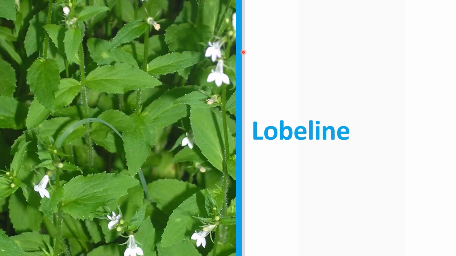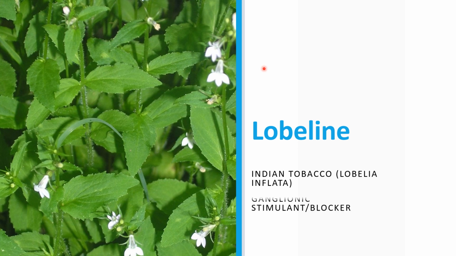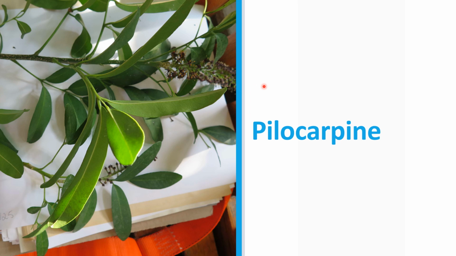Another alkaloid is lobeline. Lobeline is derived from the plant Lobelia inflata or Indian tobacco. It is both an agonist and an antagonist at nicotinic receptors, although it is not structurally related to nicotine. Another is pilocarpine.